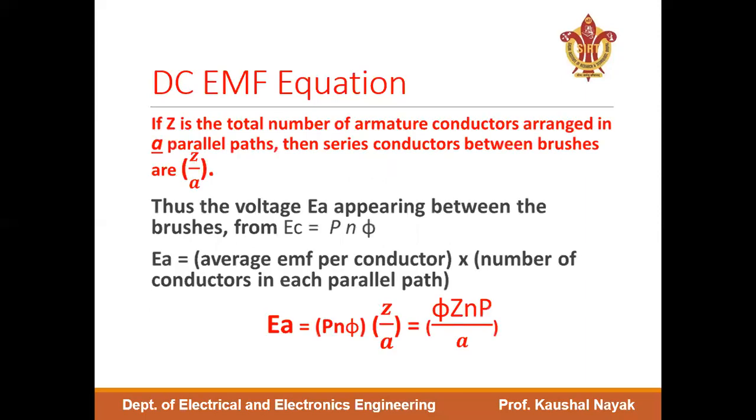In a DC machine, the average output voltage or DC voltage or EMF can be calculated if we know the average EMF per conductor multiplied by the number of conductors in each parallel path.